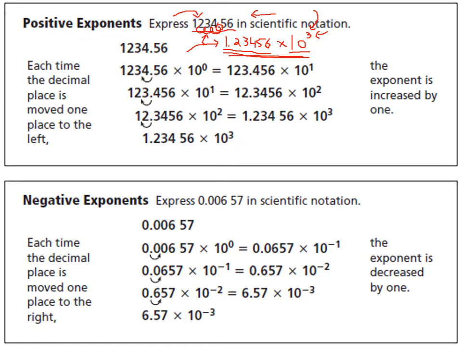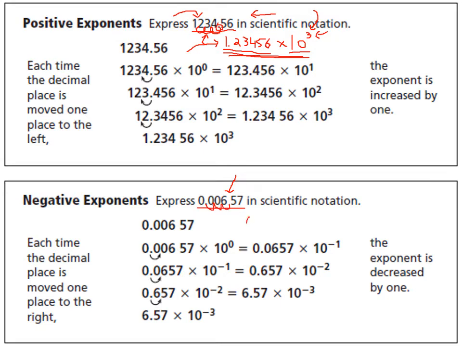Sometimes you might need to move your decimal towards the right. So we'll do this example over here, where we have 0.00657, and we need to move that decimal to the right to get it right here, right after that 6, because that's the first digit that will appear in our scientific notation. So we went 1, 2, 3. We moved 3 spaces.